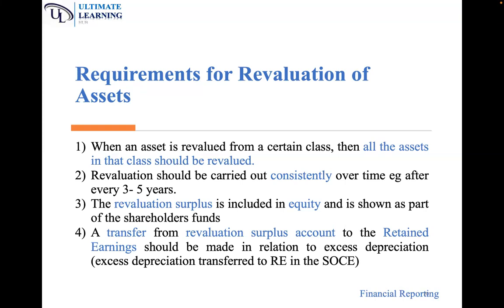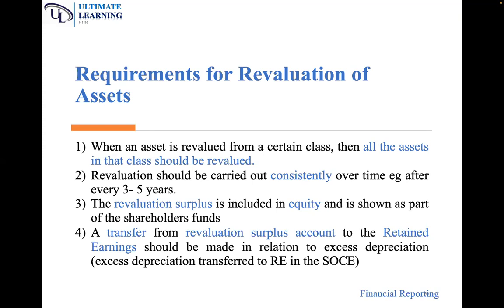That gives you amortization of revaluation of 1,000 per year. So at the end of every year, you'll be transferring 1,000 from revaluation reserve to retained earnings. That is what point number 4 is telling you.